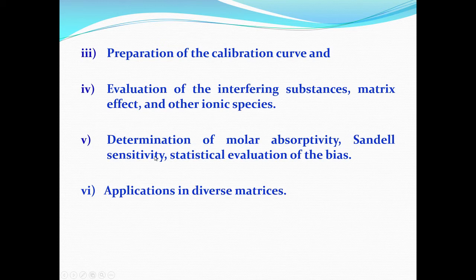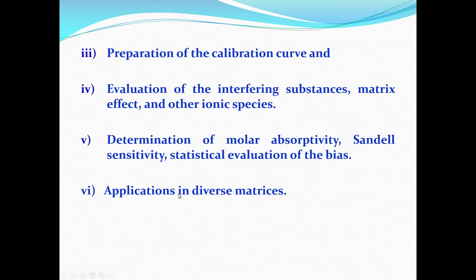So, that is a sensitivity for comparison of different methods. Statistical evaluation of course is very important, especially if you are handling ores, because ores do contain a certain amount of variation in composition.